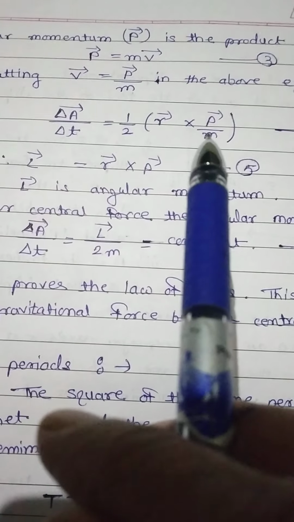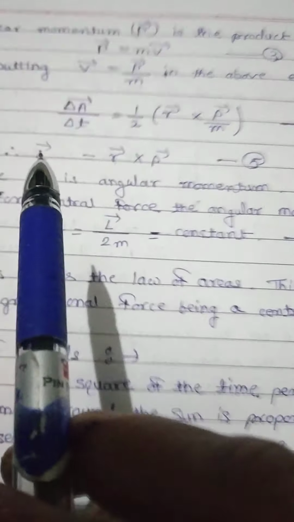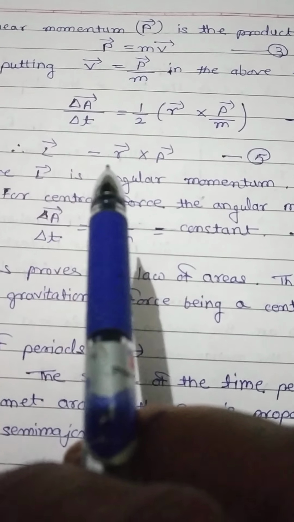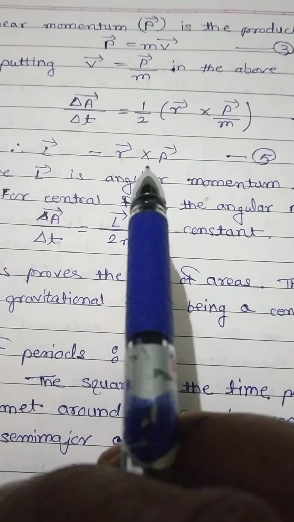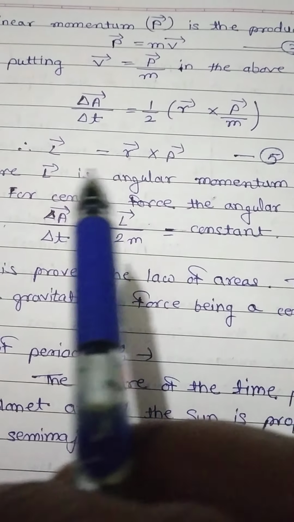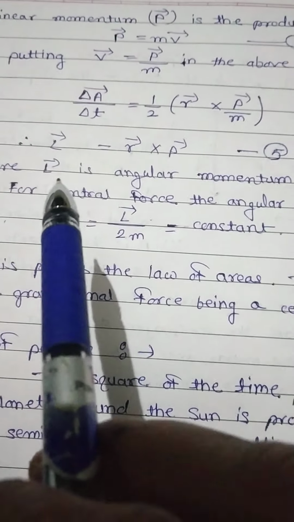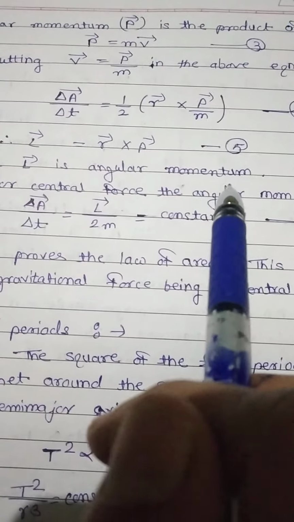So we put the value in this equation and we get this equation, number 4. Therefore L vector is equal to r vector cross p vector, equation number 5, where L vector is the angular momentum.